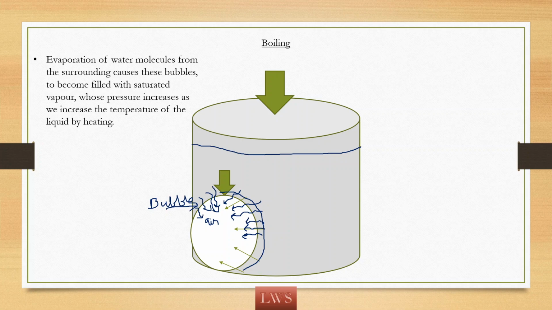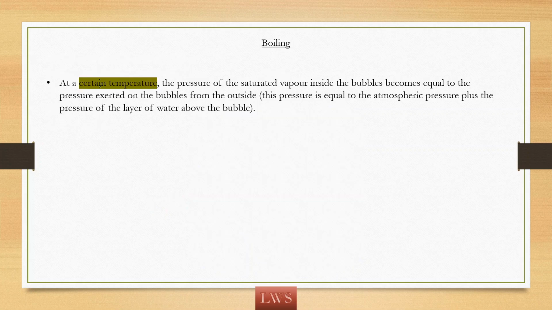As we are heating, the temperature goes up, so the vapor entering the bubble is increasing, which raises the pressure inside this bubble. At a certain temperature, the pressure of saturated vapor inside the bubble becomes equal to the pressure exerted on the bubble from the outside.